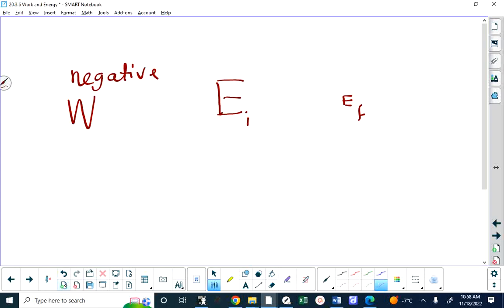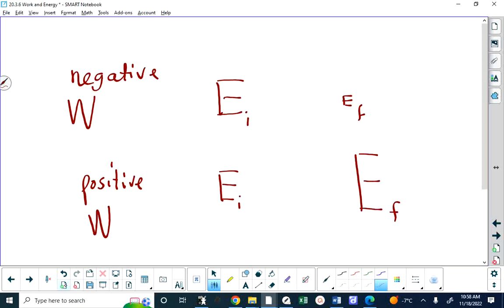If the work is positive, then the initial energy is less than the final energy. And by the way, I regret writing these in the order that I wrote them in. I should have written the EIs and EFs backwards, because change in work is final minus initial. So final minus initial gives you a positive value. You have more at the end.